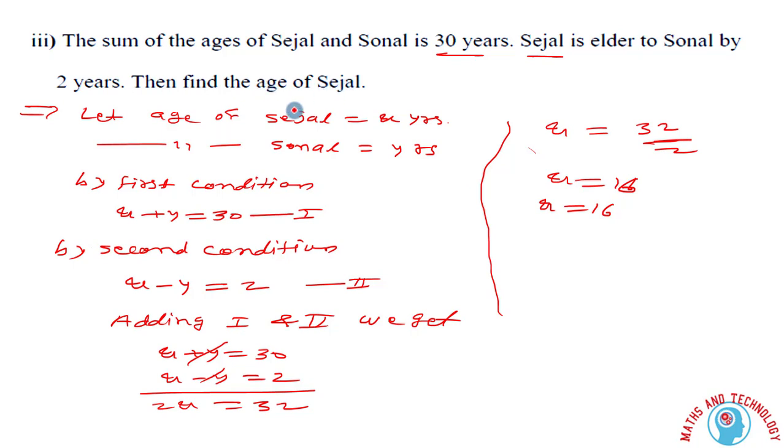Find the age of Sejal. So age of Sejal equal to 16 years. YRS means short for years.